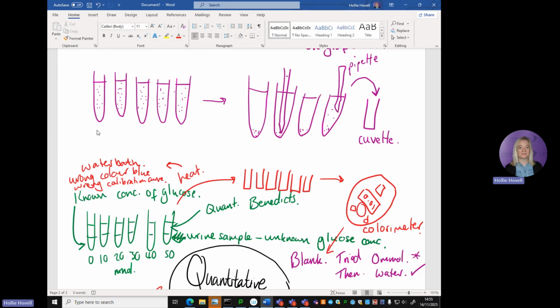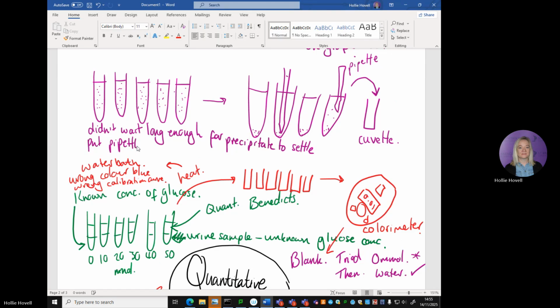What we could say is a source of error could be that you didn't wait long enough for the precipitate to settle, or perhaps you put the pipette too deep when you took the sample for the cuvette.